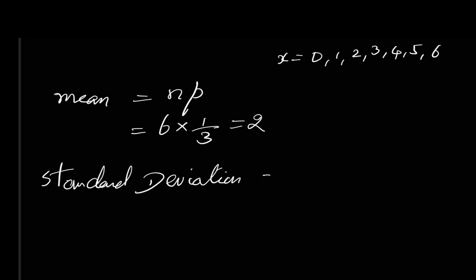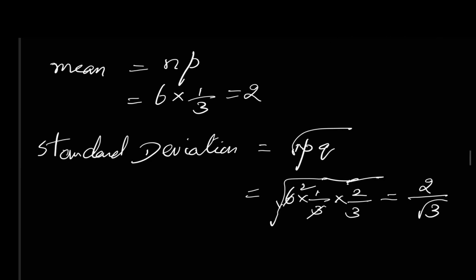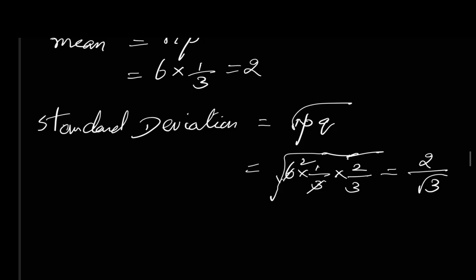This is equal to square root of the variance, NPQ. So square root of 6 into P is 1 by 3, Q is 2 by 3. So 3 goes here 2 times, so square root of 2 times 2, divided by 3. So the answer is 2 by root 3.